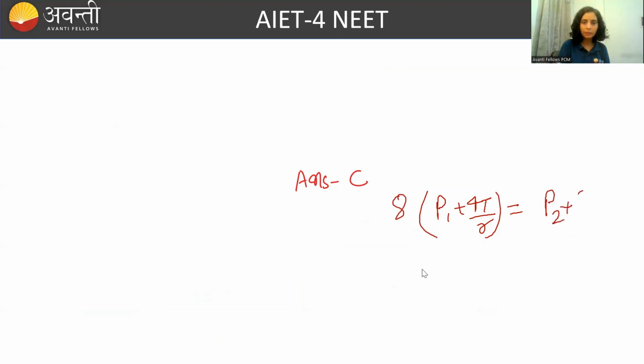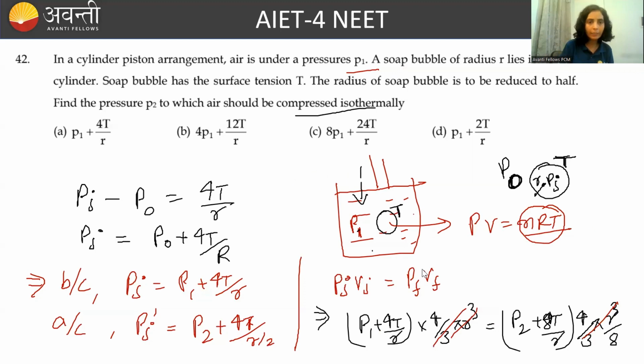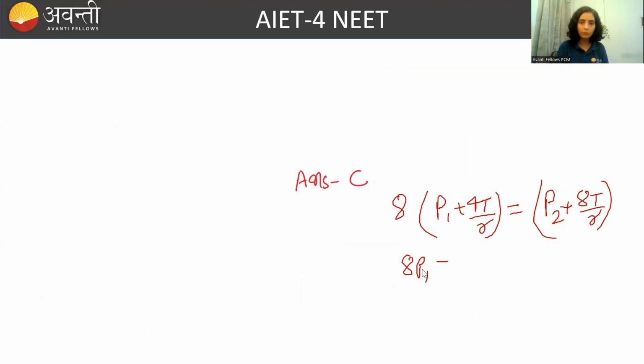P2 plus 8T by R. If you're going to solve it, this will be 8P1 plus, we need to calculate P2. ठीक है, तो चलो. P2 value will be how much? So P2 will be equal to 8P1 plus 64 T by R minus 8T by R, and that is equal to P2.